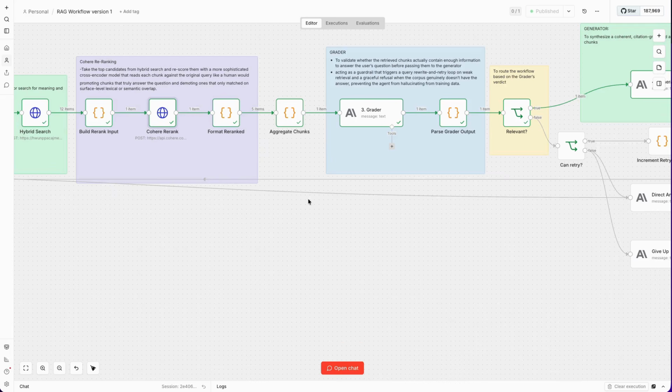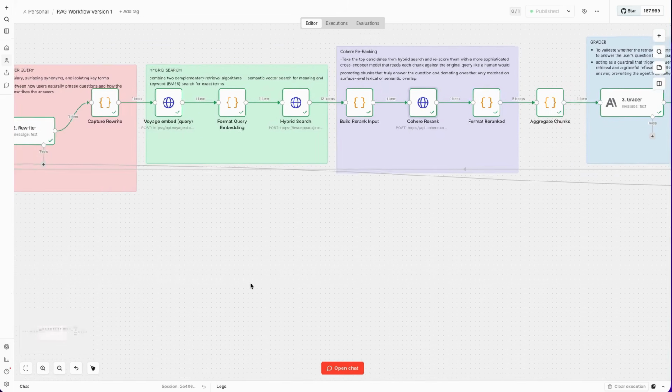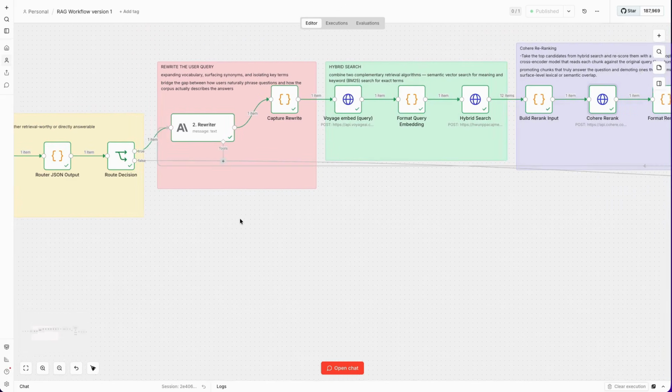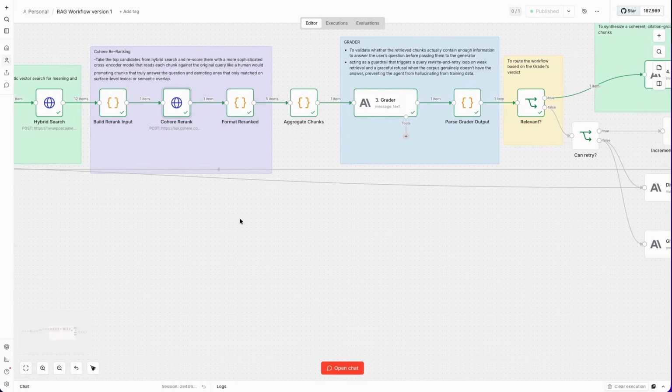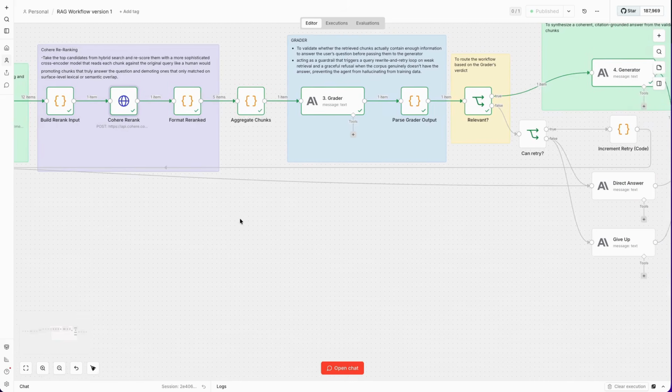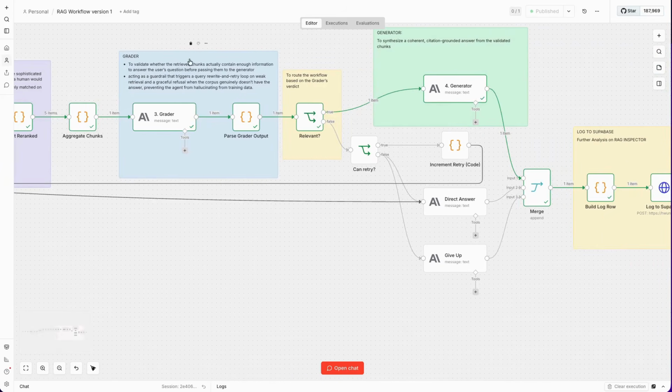If it thinks there's not enough information in the retrieved chunks, then it will send it through this retry process, this self-correction loop, if you will, and send it back to the rewriter. It would rewrite. In some of the user queries that we put in, you will see that there are multiple retries because the grader did not think there was enough information there. So it's a very important block.